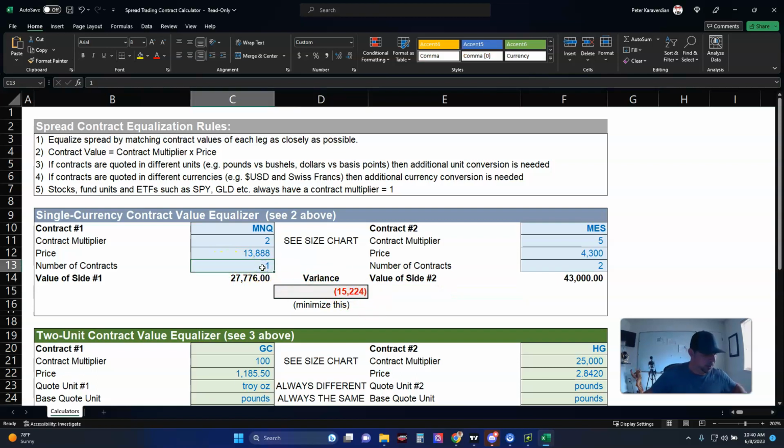I think ES3 NQ2 is what I had, and I think what it does is it just brings the variance down.